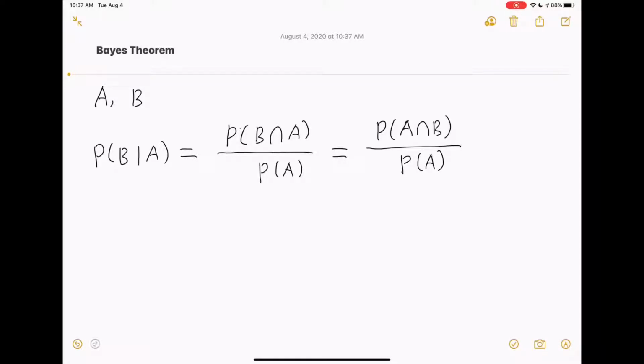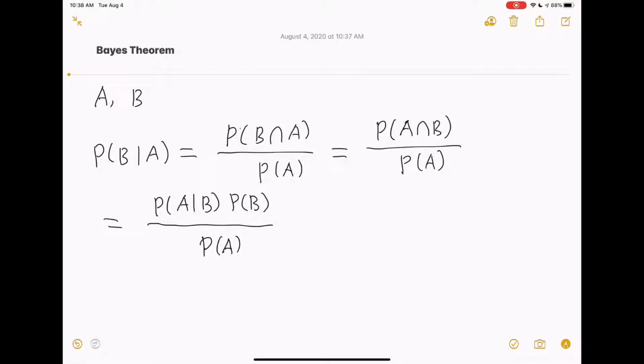Now this is also equal to probability of A given B multiplied by P of B. This is based on the rule of multiplication of a probability. So divided by P of A.